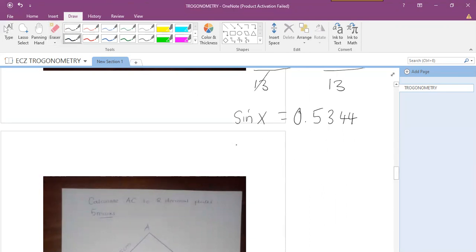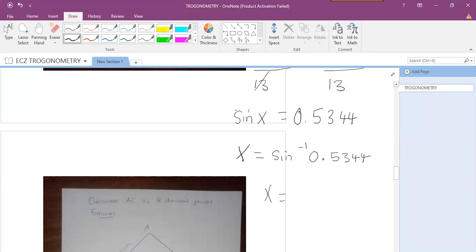You have to show the examiner, by the way, that x is equal to the inverse of sine 0.5344. Therefore, x is equal to, so again on your calculator, you press shift, then sine, then you plug in 0.5344.